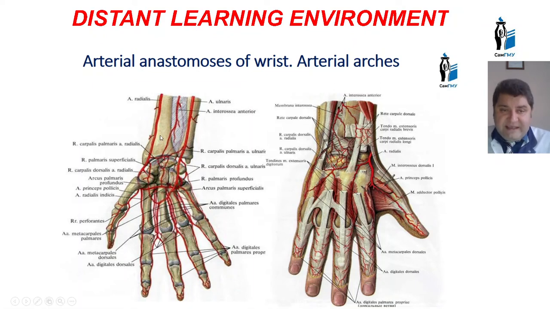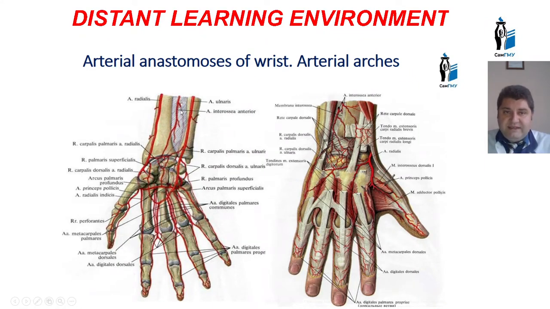You may see the initial parts of these arteries here in this picture, and they pass to the posterior side of the wrist joint.